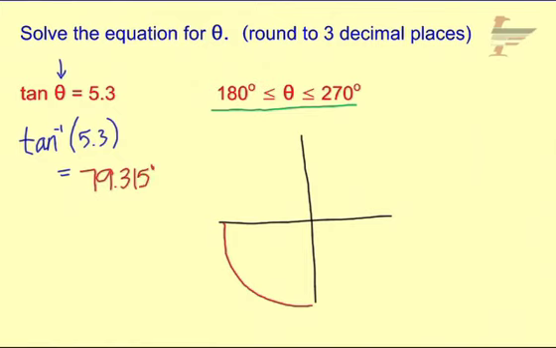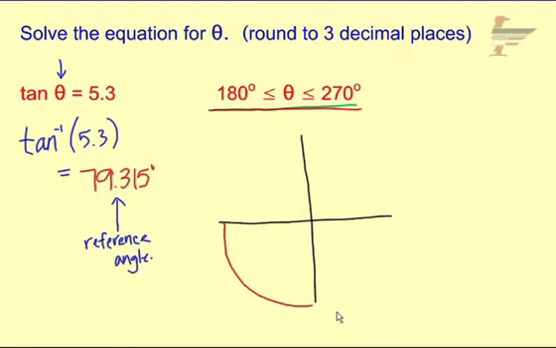Now you may be saying to yourselves, wait a second, you said it had to be between 180 and 270, and we're only getting 79 degrees, so we don't think that's right. So what we want to remember is that this 79.315 actually is a reference angle. Remember, reference angles and the actual angles give us the same trig values, so we are going to use that as a reference angle.